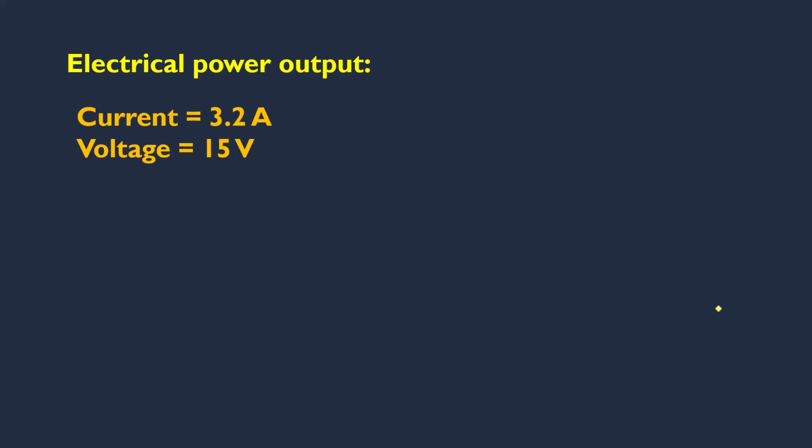We have a solar panel, and 400 watts of power is falling on this solar panel. For this it is producing 3.2 amperes at 15 volts. Now current and voltage give you power, we know, right?